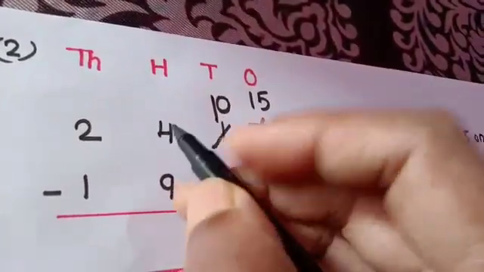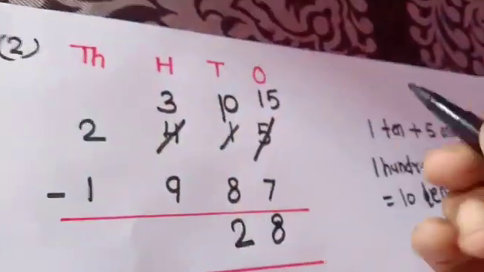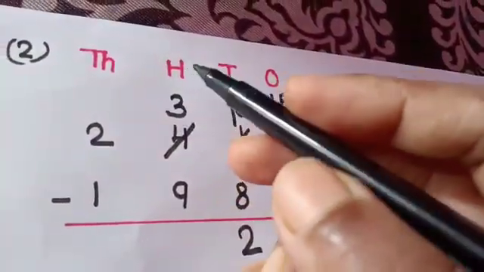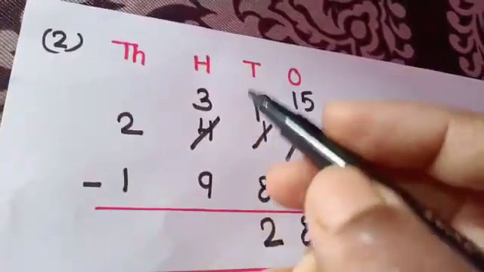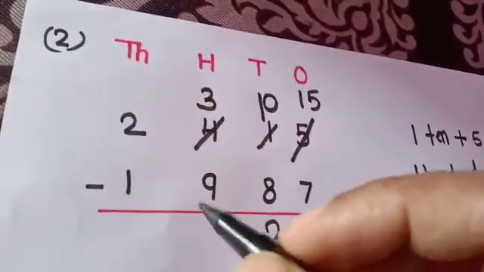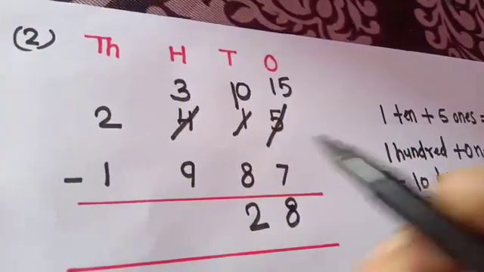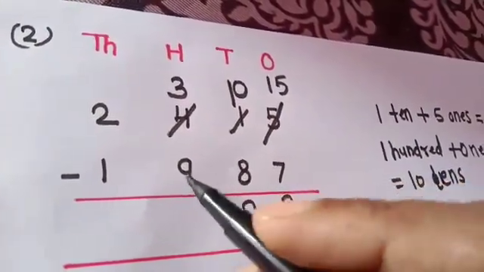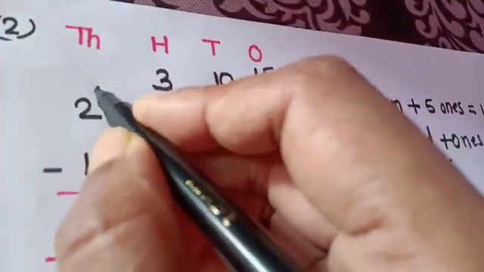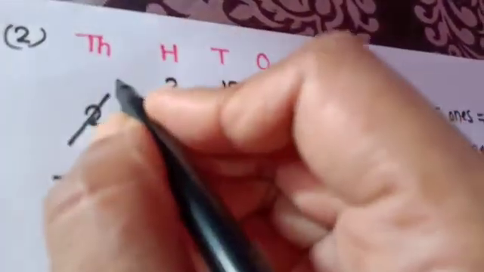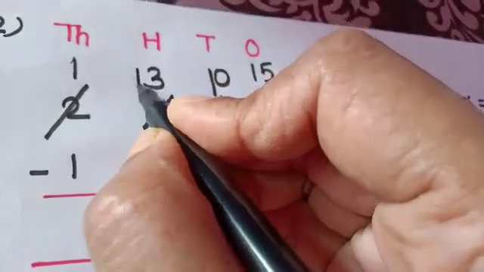Okay, now here is left 300, because we borrowed 100 from 400. Then we can subtract, but here is 9, and we cannot subtract 9 from 3, so we borrow from 2000, so it becomes 1000 and it becomes 13.